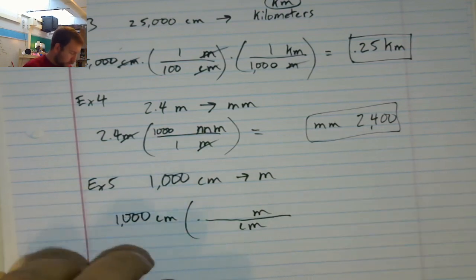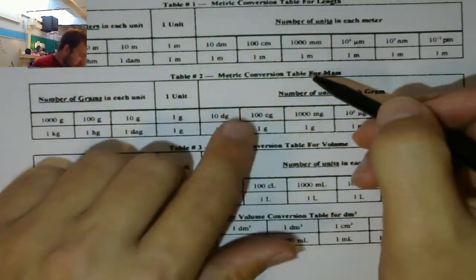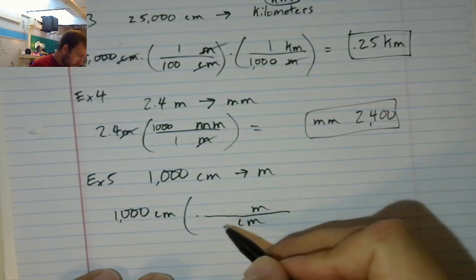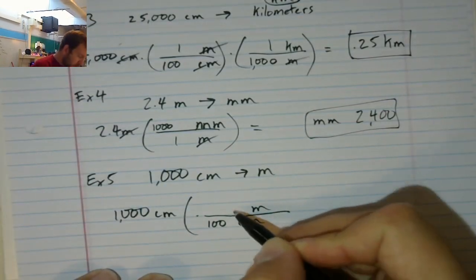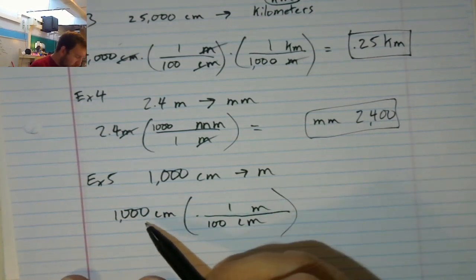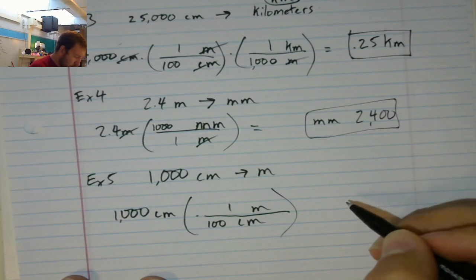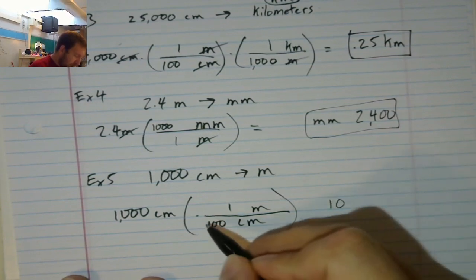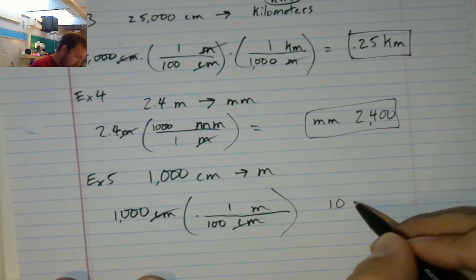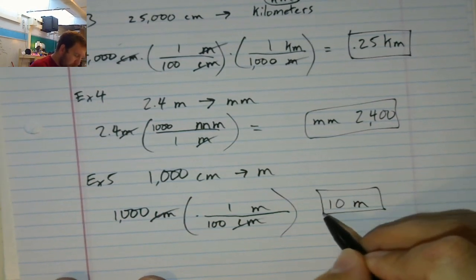So the question I ask myself is, meters and centimeters, 100 centimeters equals 1 meter. Okay, so I have 1,000 divided by 100, which is going to be 10. My centimeters cancel out, and I have 10 meters as my answer.